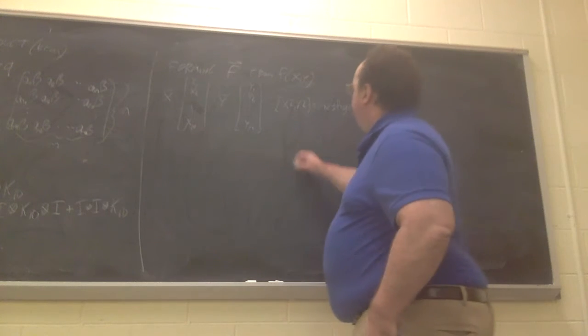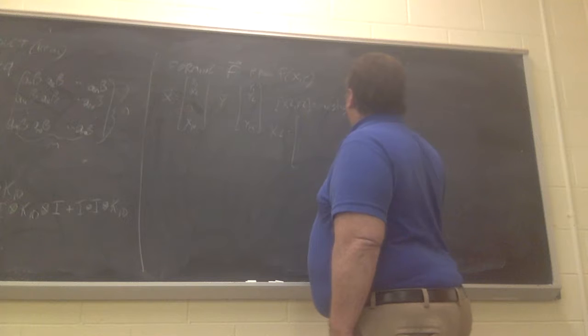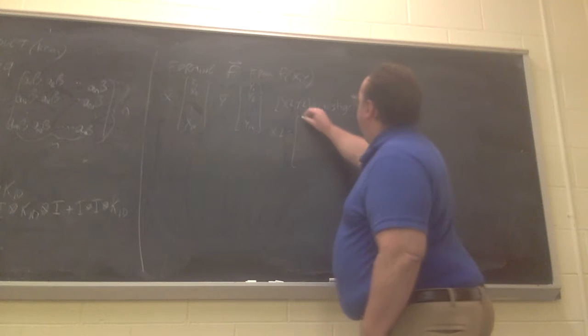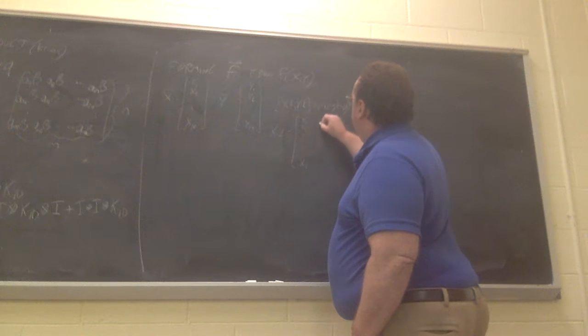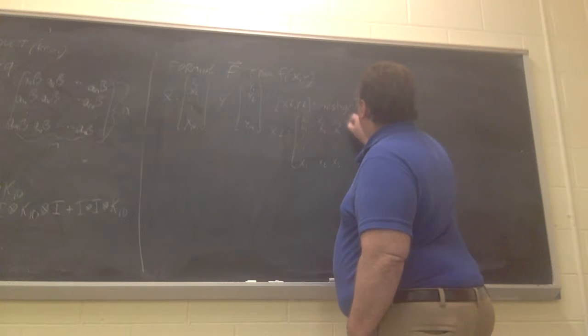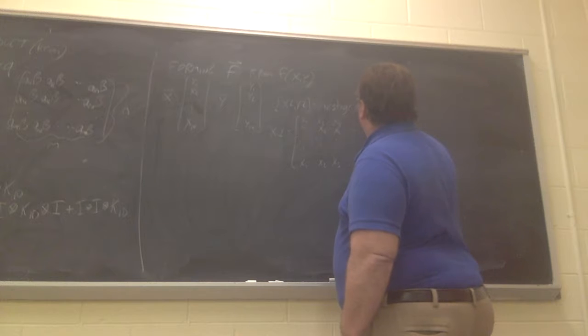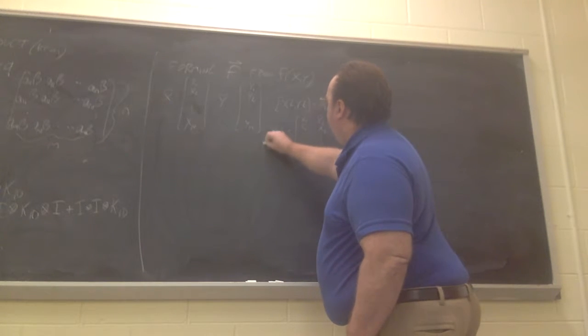So here's what X2 looks like. X2 is going to have x1, x1, x1, x2 down the second column, and so on. So it's going to be m by n.